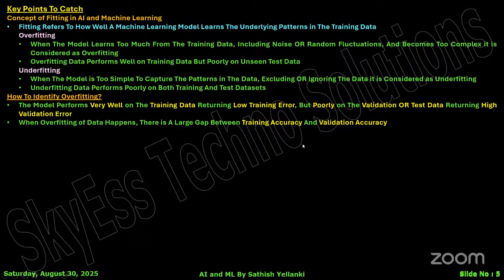Now, how to identify underfitting? Underfitting is something that happens at the training level itself. Means in your development itself, you can find that happening. So underfitting projects never move into the production side. Okay.